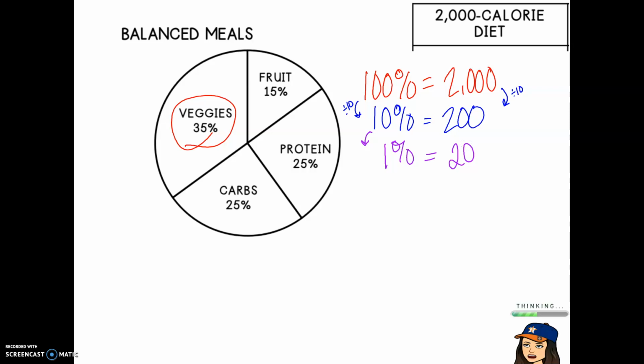Man, those alone give me so much. But I'm going to go ahead and figure out, well, what's 5%? Well, think, how do I get from 10% to 5%? Divide by 2. So 200 divided by 2 is 100. So this right here is enough to figure out every problem on here. So if I'm going to veggies, veggies is 35%, which is really 10% plus 10% plus 10% plus 5%.